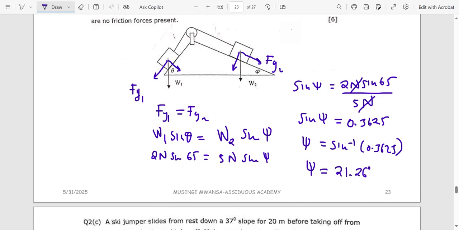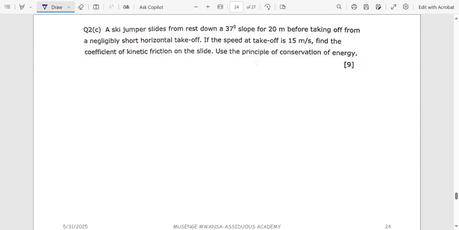Okay. Next question. A sky jumper slides from rest down a 37-degree slope for 20 meters before taking off from a negligible short horizontal takeoff. The speed at takeoff is 15 meters per second.